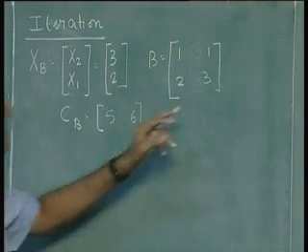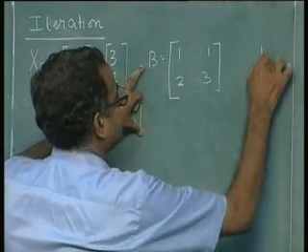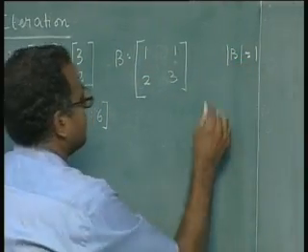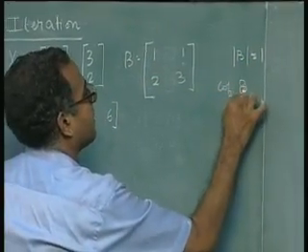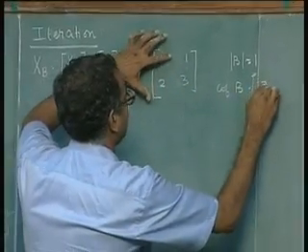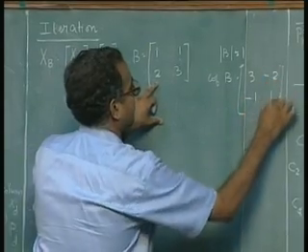Let us find out B inverse by the normal method. So determinant B in this case will be 3 minus 2, 1. Cofactor B will be 3, minus 2, minus 1, 1.